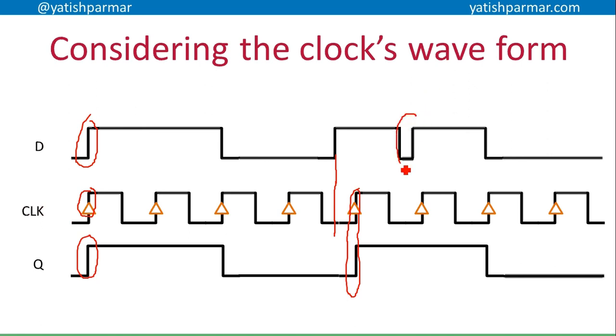Final thing to think about is what happens if there's a fluctuation part way through a clock cycle. Well, nothing, because it was high and high at the first rising edge and at the second rising edge as well. Therefore, Q will stay consistent. So that's three things to bear in mind.